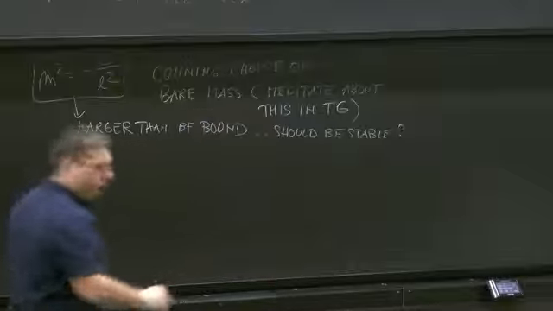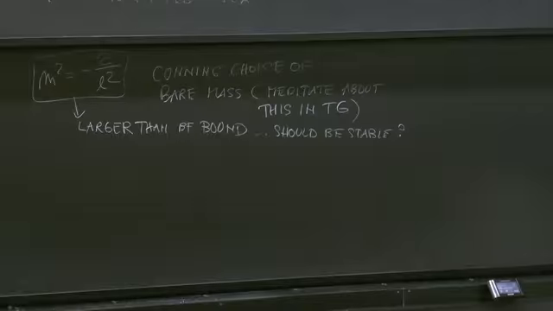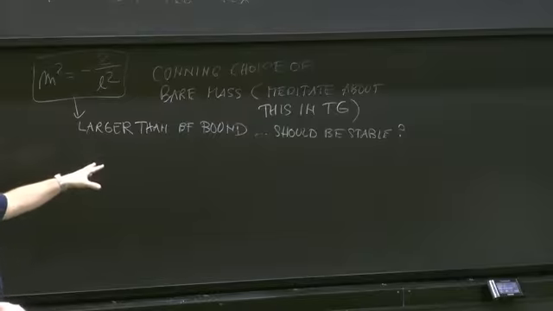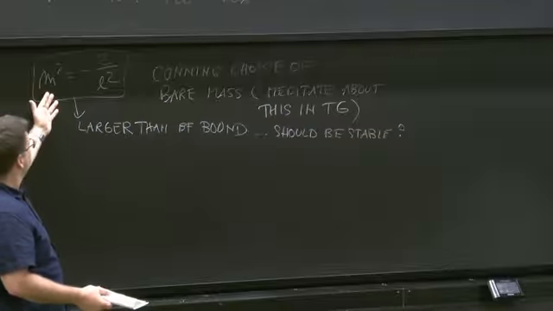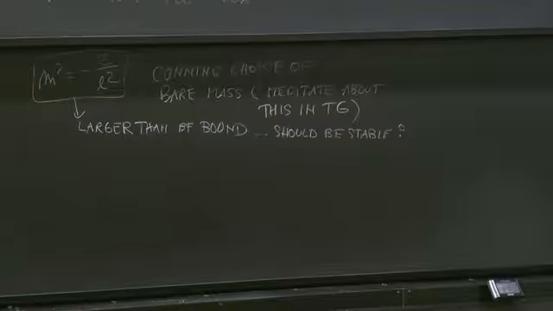The wisdom here is, if I am in flat space and have negative m squared, it's a disaster. It's an unstable situation. If I'm in AdS, I can go a little bit negative and it's still stable. But if I go too negative, again disaster will happen, and something is unstable.